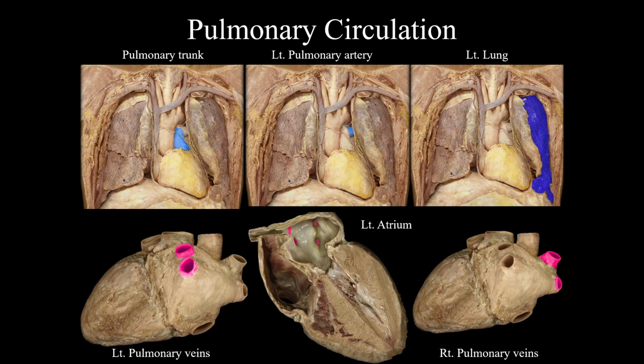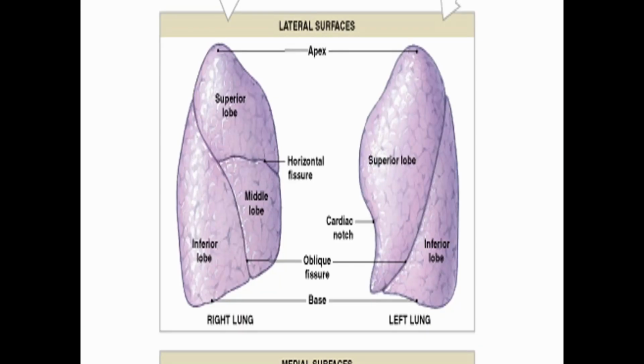Your pulmonary fresh blood will come out from your heart to both lungs. Okay, so this is an illustration which can better show you the differences, I mean, the anatomy of your heart.